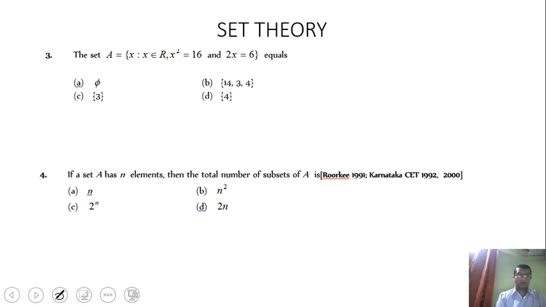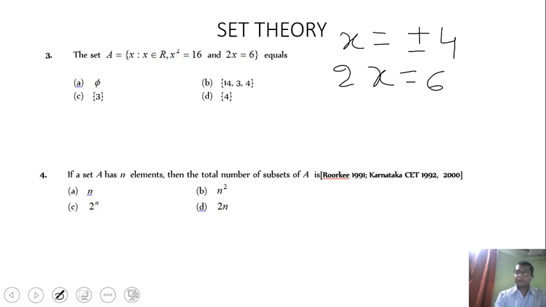Next example, a set A equal to x is such that x belongs to the set of real numbers, x square equal to 16. If we simplify this, we get x equal to plus or minus 4. This value of x we need to substitute in the second expression, that is 2x equal to 6.